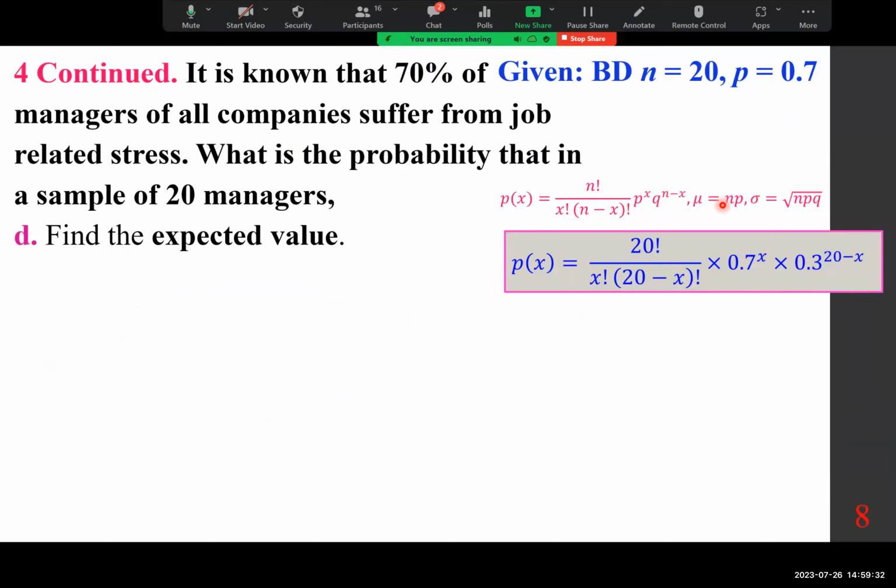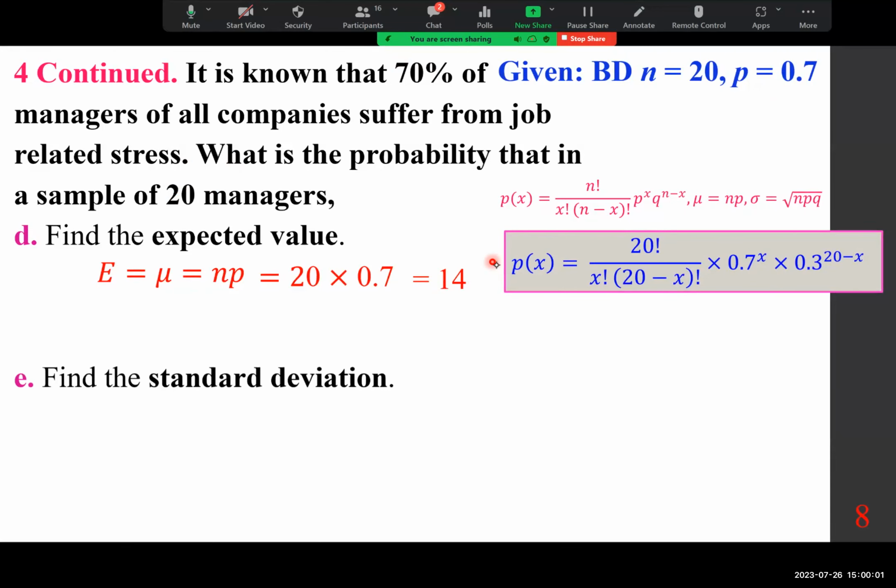And you recall that mu is NP. So N times P, which makes it 14. That means if there is a 70% chance that the managers are suffering from stress, out of 20, about 14 of them should be, and it makes perfect sense, suffering from stress.